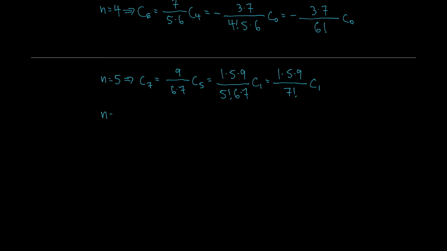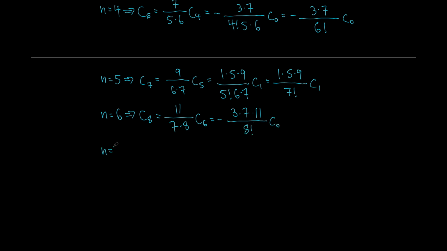Let's do a couple more just so we can be sure of our pattern. So for n equals 6, we have C8 equal to 11 over 7 times 8 times C6, which is negative 3 times 7 times 11 over 8 factorial times C0.